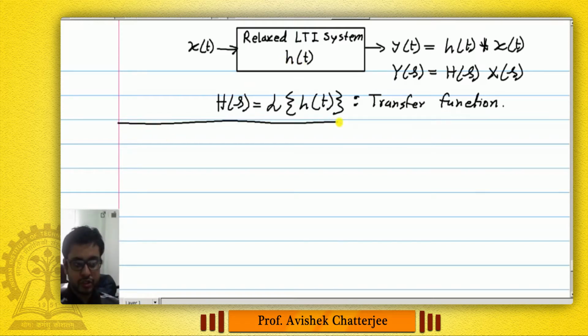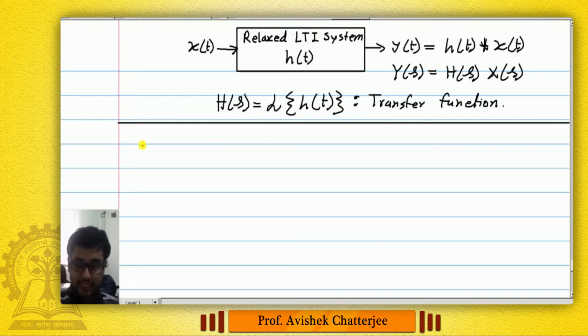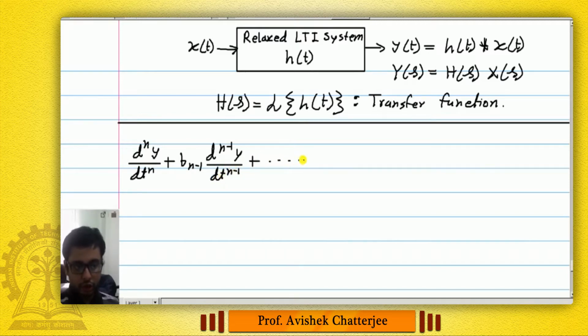Now suppose we have a system whose input and output are related via a linear ODE with constant coefficients like this: d^n y/dt^n plus b_{n-1} constant multiplied with d^{n-1} y/dt^{n-1} plus all other derivatives up to b_1 dy/dt plus b_0 y.